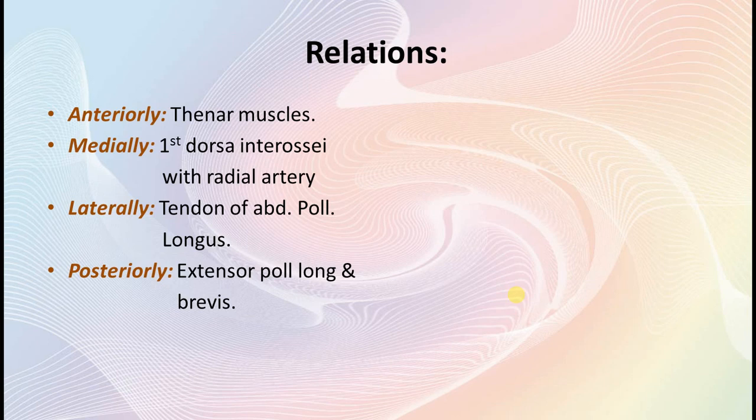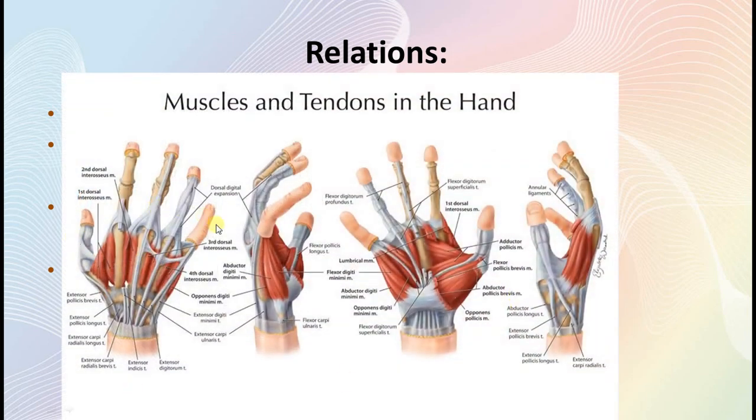Here you are able to see the various aspects. Anteriorly it will be related to the thenar muscles: flexor pollicis brevis, abductor pollicis brevis, opponens pollicis. Medially it will be related to the dorsal interossei with the radial artery passing between them.